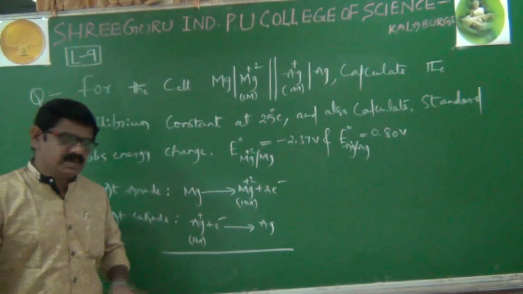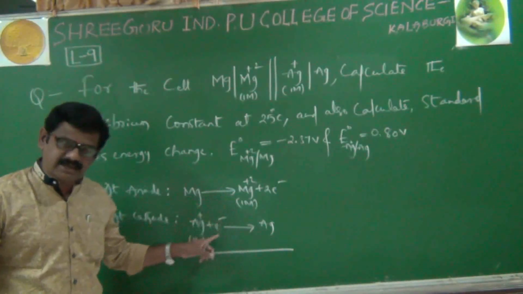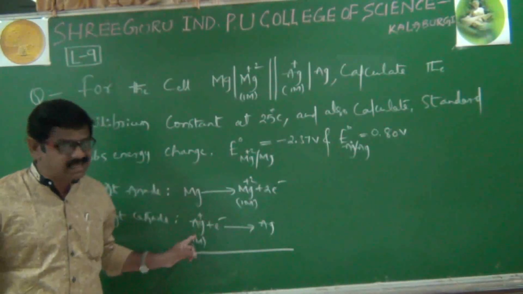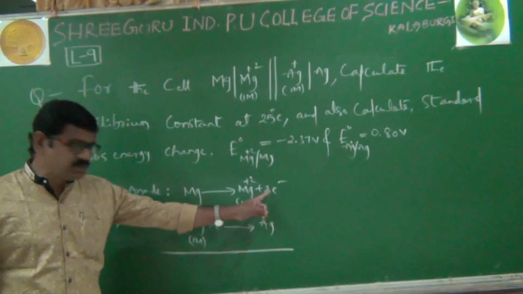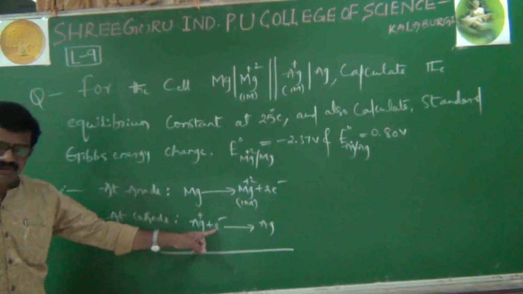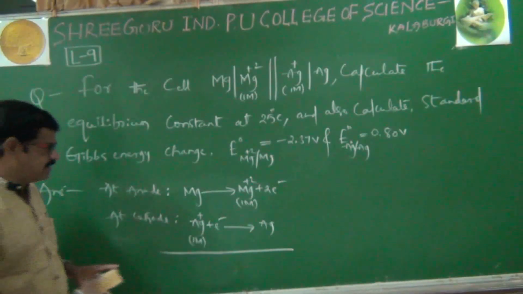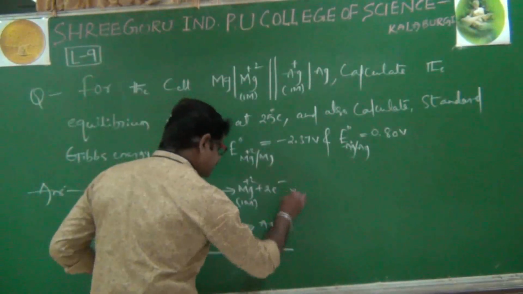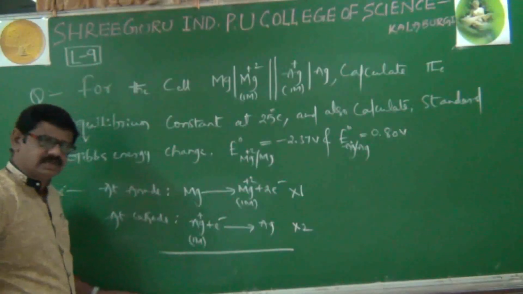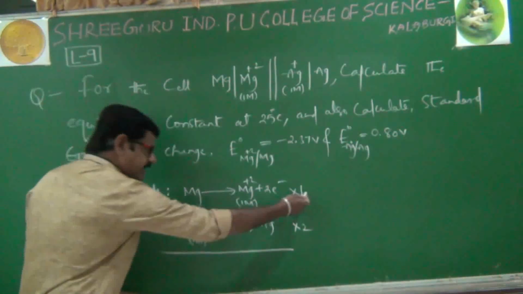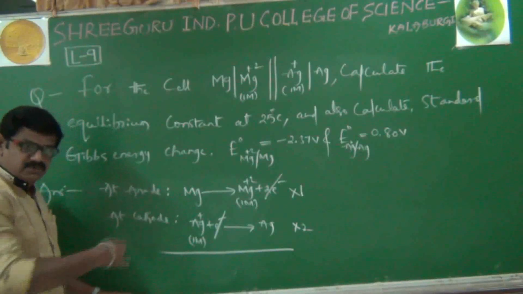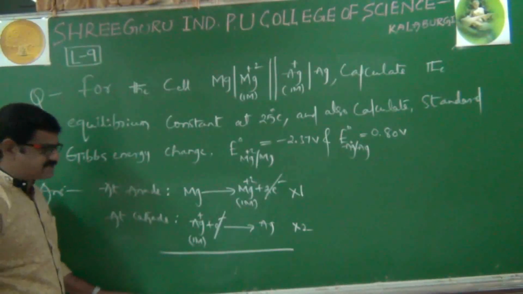But before adding, first we have to make the electrons equal. Here 2 moles of electrons are involved, here 1 mole of electron. That's why I multiply the first equation by 1 and the second equation by 2. Therefore 1 into 2, 2 electrons, and 2 into 1, 2 electrons. Both sides, the electrons get cancelled.